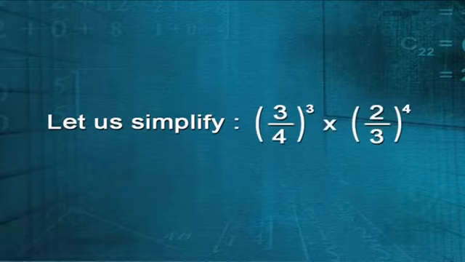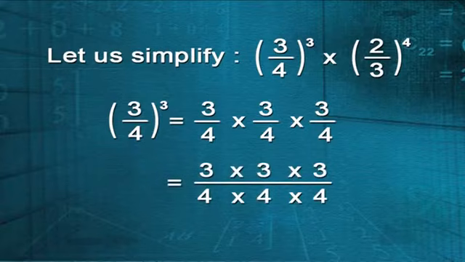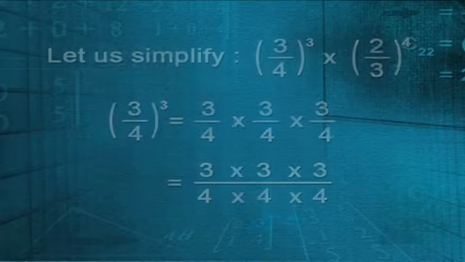Suppose you are given 3 by 4 raised to power 3 multiplied by 2 by 3 raised to power 4. We want to write this expression in simplified form. First of all, we will evaluate 3 by 4 raised to power 3. 3 by 4 raised to power 3 is equal to 3 by 4 multiplied by 3 by 4 multiplied by 3 by 4, 3 times, which is equal to 3 into 3 into 3 divided by 4 into 4 into 4.